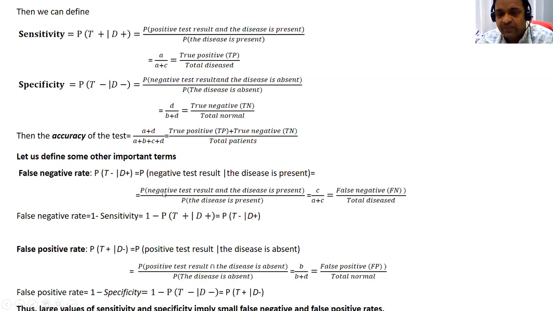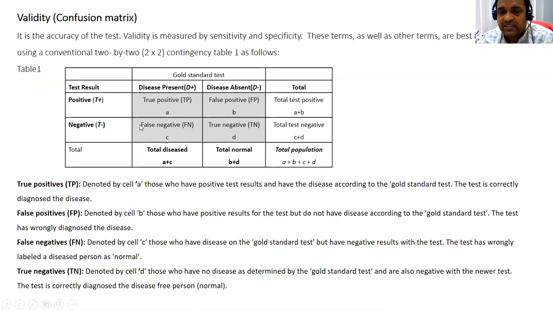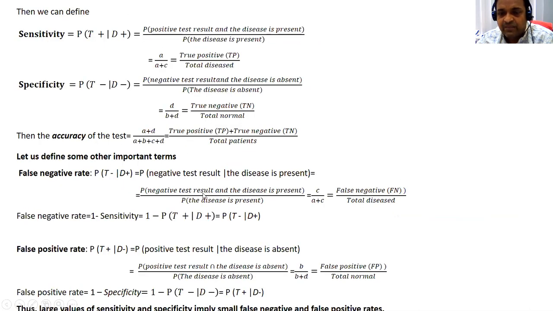Conditional probability: how can you get the negative test result and the disease present? That is cell C. If you go to cell C, that is false negative. The test is identified as negative by the lab test, but by the gold standard test the individual actually has the disease. False negative is C divided by the disease present, the total disease.